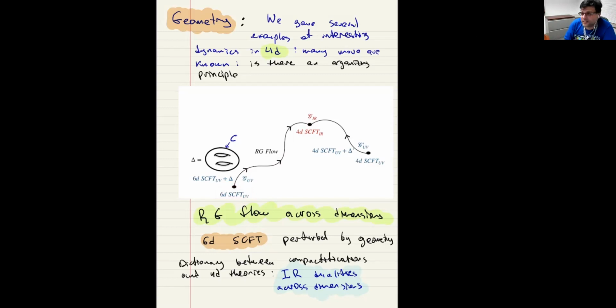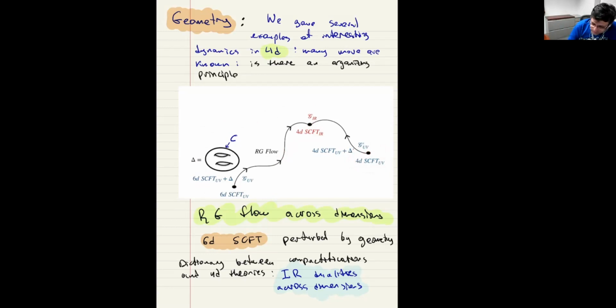And then there is another question that we will ask. There is this flow leading to a 4-dimensional CFT or QFT. Is there another flow which leads to the same QFT in 4 dimensions, but now starting directly in 4 dimensions?